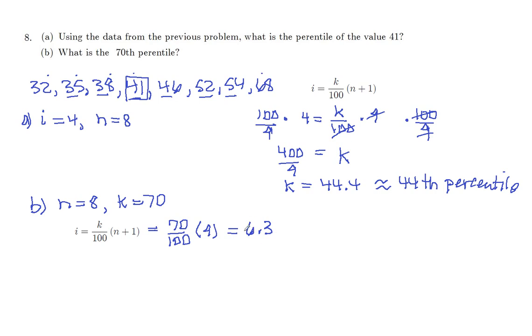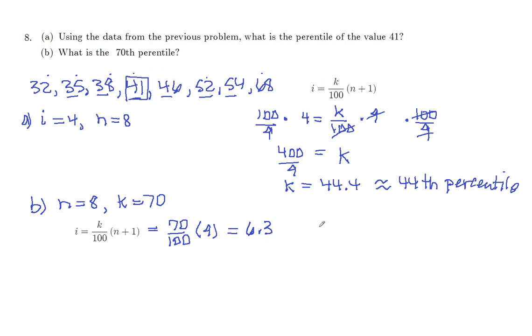Now remember, if you get a decimal here, you average the numbers below and above that. So in the list here, this is 1, 2, 3, 4, 5, 6. We have a sixth value and a seventh value. 6.3 would fall in between those.